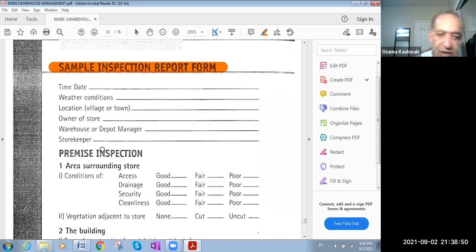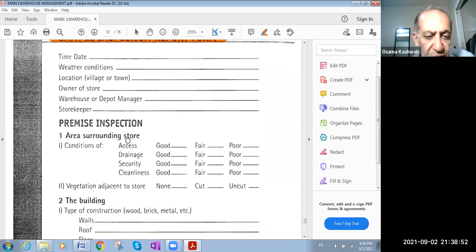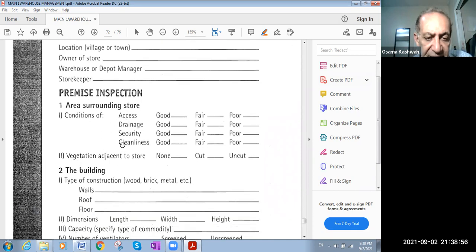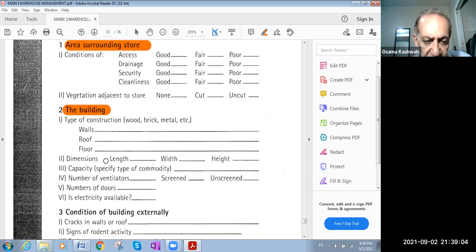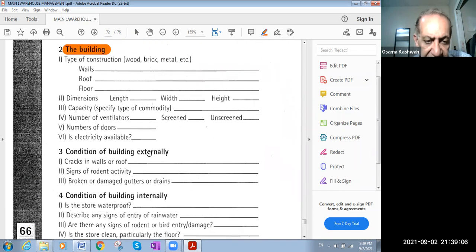This is sample inspection report 4. And this is also about the surrounding of the store: access, drainage, security, the situation itself, the area surrounding the store, the building itself, how it looks like, walls, roof. So everything you write clearly here. Condition of building externally, from outside the building, how it looks like.